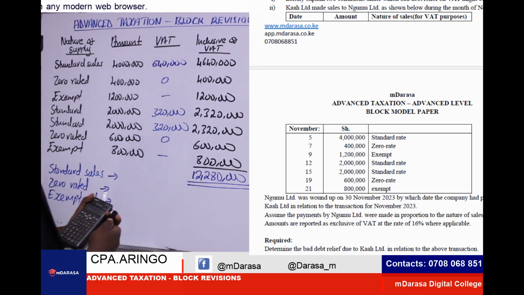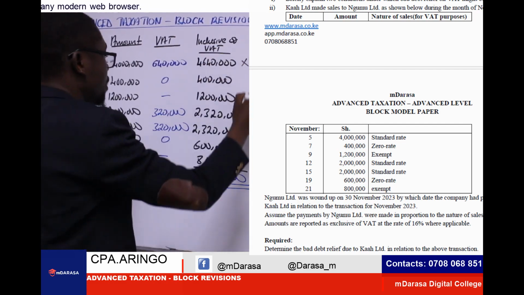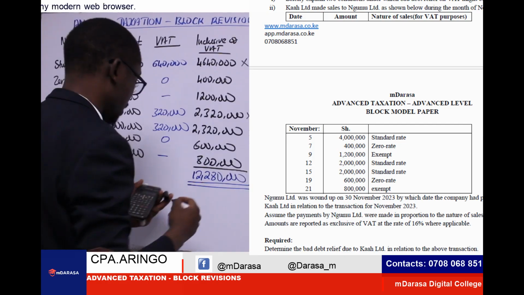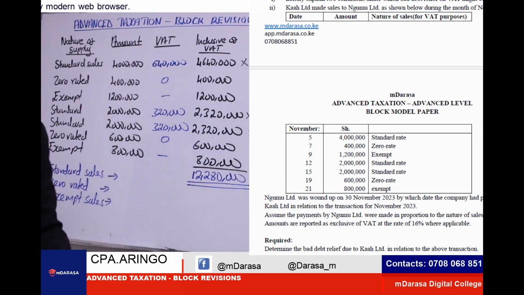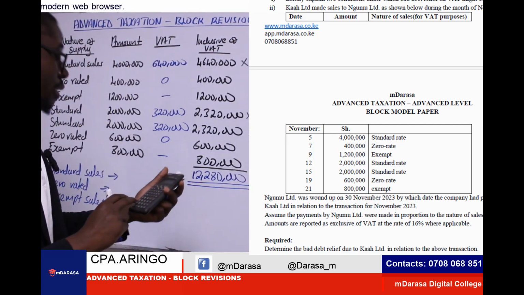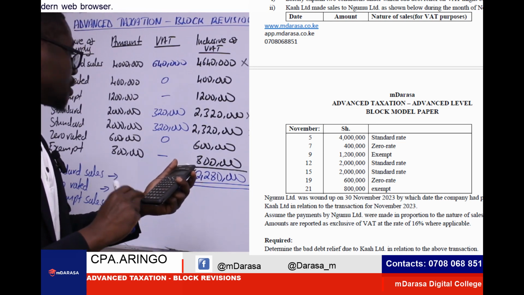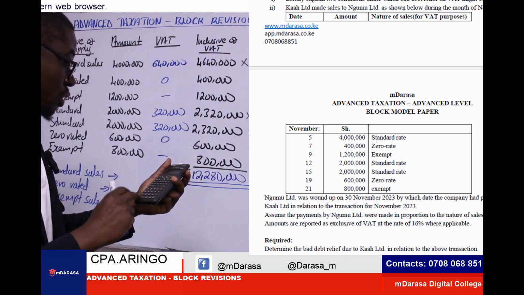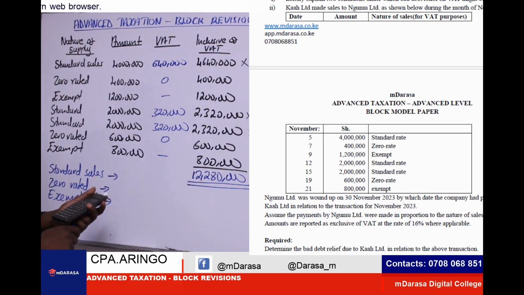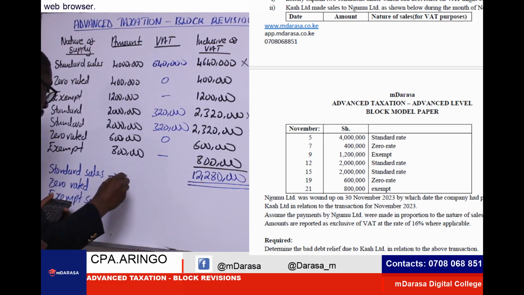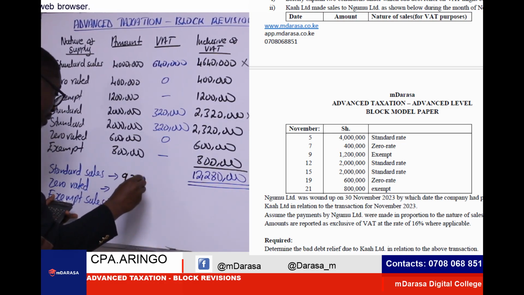For standard, we have this and this, which will give us a total of 4,640,000 plus 2,320,000 plus 2,320,000. So total standard is giving us 9,280,000. Okay?